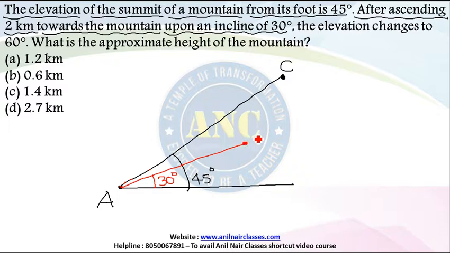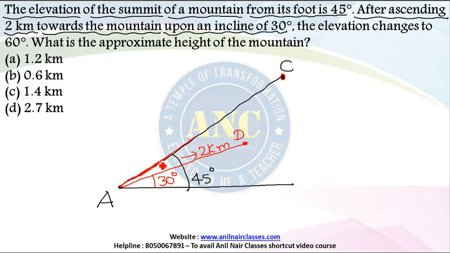Ascending is nothing but moving upward. After ascending 2 kilometers, if I name this point as D, AD value is 2 kilometers. I am ascending 2 kilometers towards the summit of the mountain upon an incline of 30. I could have just traveled along AC like this for 2 kilometers, but I don't want to travel along AC like that.